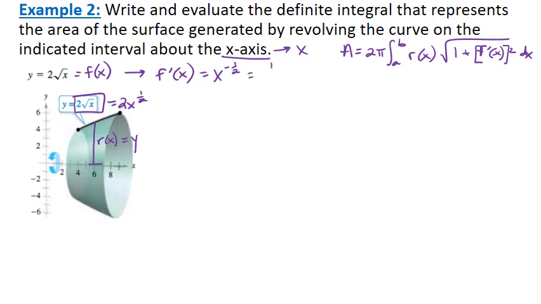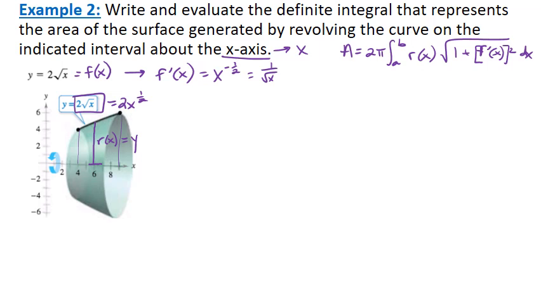You can also think of this as 1 over the square root of x, if you'd like. So we pretty much have everything we need for our integral. The only other thing we need are the limits of integration. And if you look at this, our limits of integration are from 4 to 9.